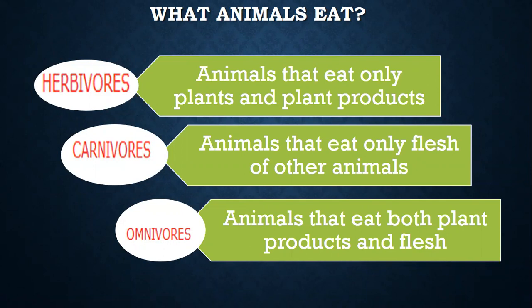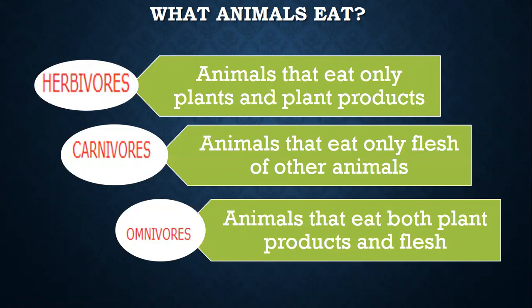And on the basis of their food habits, we classify animals into different types. And you know, each animal has special characteristics also. So let me study each type one by one. First is herbivores.